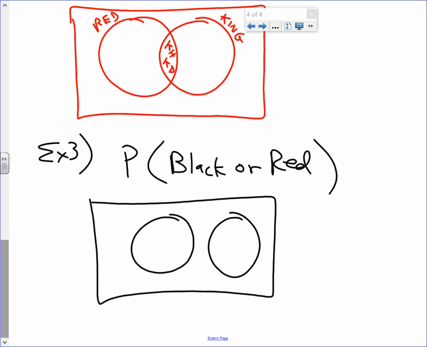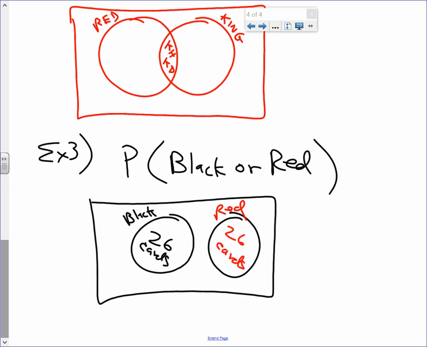Look, my two circles are not going to intersect because there's no such card. There is no such card that's both black and red. Black, red cards. There's 26 black cards, and there's 26 red cards.